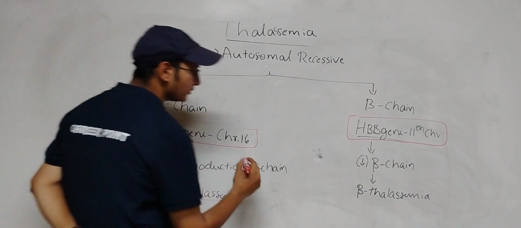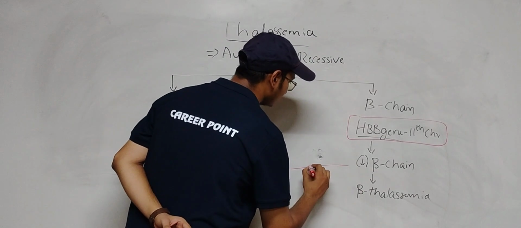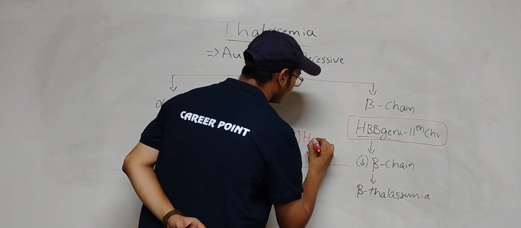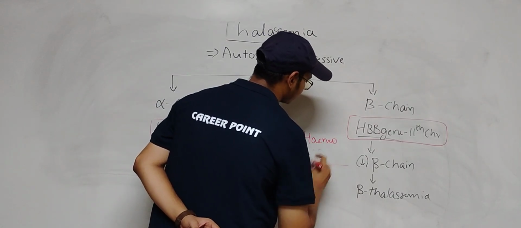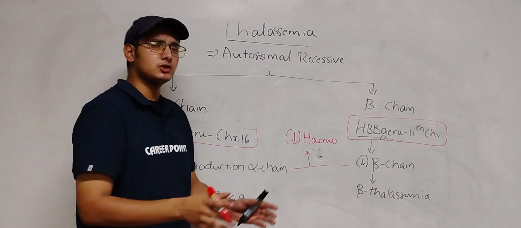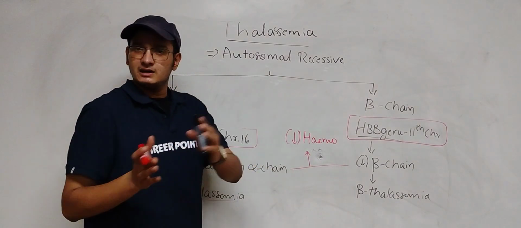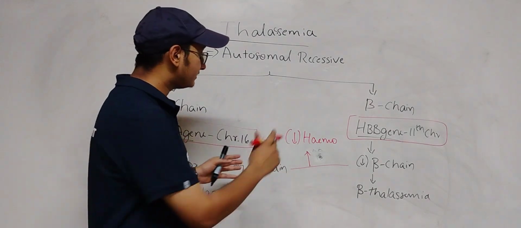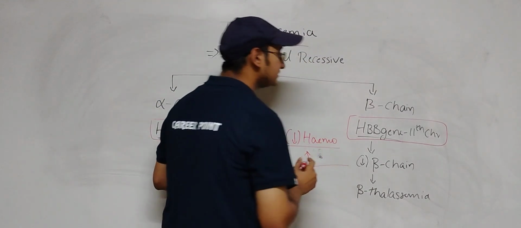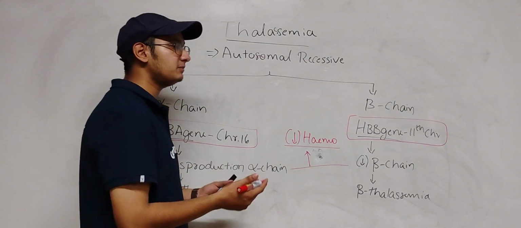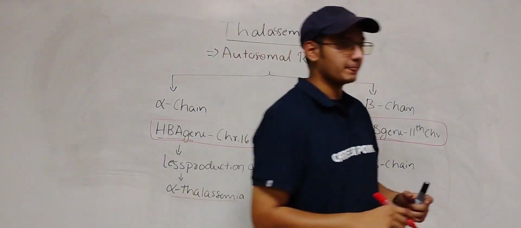When there is less production of alpha and beta chain, it leads to less production of hemoglobin. So what happens if the hemoglobin is less? What's the main function of hemoglobin? They usually transport oxygen from lungs to all parts of tissues, right? If the hemoglobin is less, the oxygen transportation will be reduced, so it causes anemia and severe other diseases.